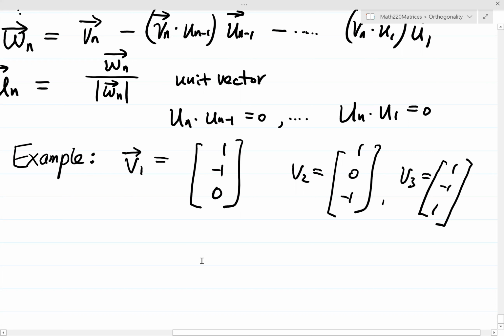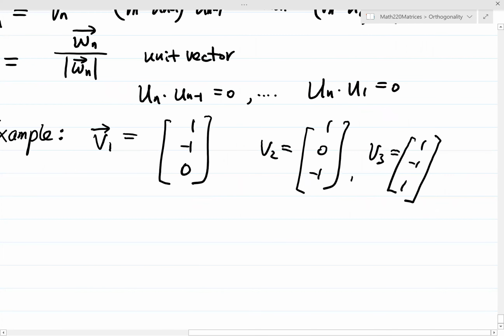Actually this problem is easier because here V1 and V2 are perpendicular. But suppose we don't know that. If you change a little bit, you get a different number, and you don't know it's perpendicular.